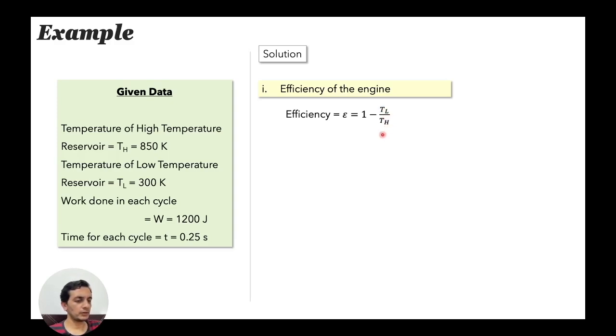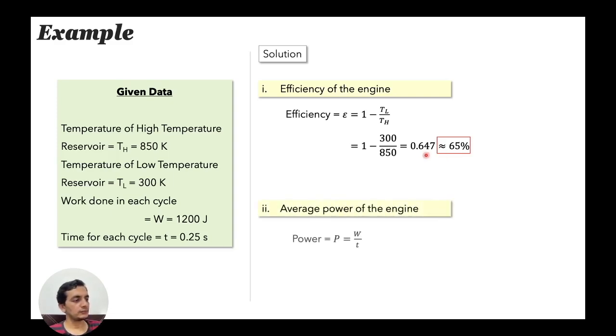We simply insert the values of TL and TH here, perform the calculation, and we get 0.647, which we can round off to approximately 65%. So the efficiency of this engine is around 65%.